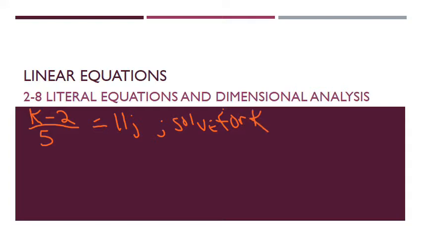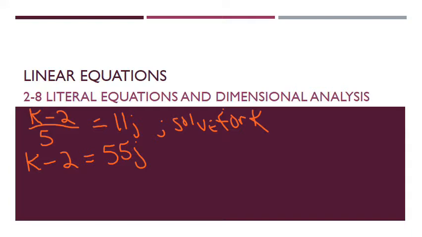Okay, so I've got k minus 2 over 5 equals 11j. Well, I'm going to start here by multiplying both sides of this equation by 5 to get the 5 out of the denominator. And once I do, I'm going to have k minus 2 equals 55j.